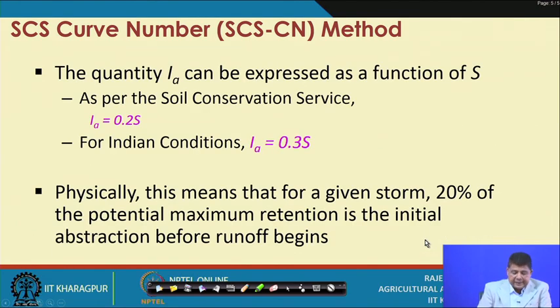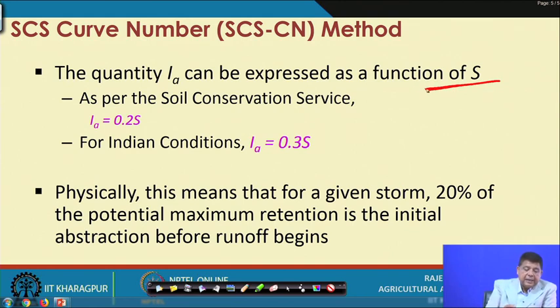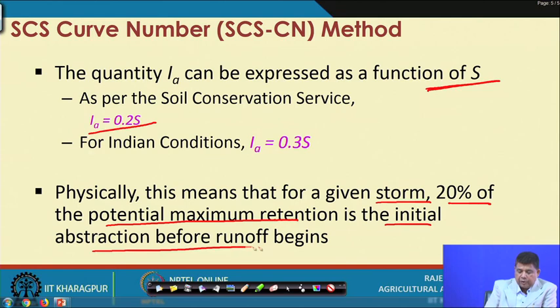Now, this quantity I A, which is initial abstraction, can be expressed as a function of S. That is the hypothesis given by SCS or Soil Conservation Service, and they said that I A is equal to 0.2 S, which simply means that for a given storm 20% of the potential maximum retention is the initial abstraction before runoff begins.